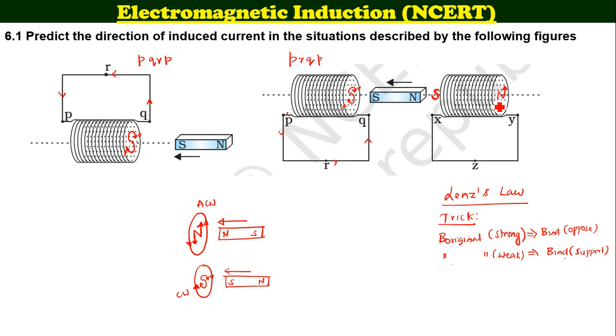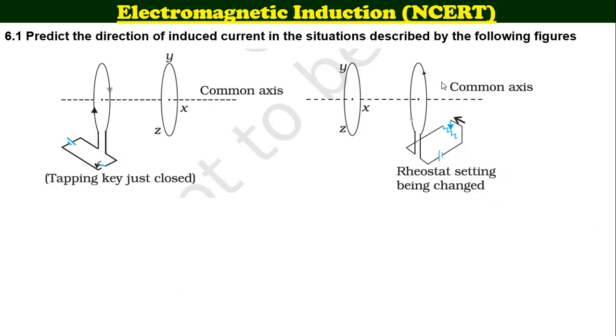So just take the current in this direction, and it keeps going to x again. Now current is going x to y, y to z, and z to x again. So x, y, z, x is the loop direction in which induced current is flowing. Clear now? Now let us take the remaining cases.